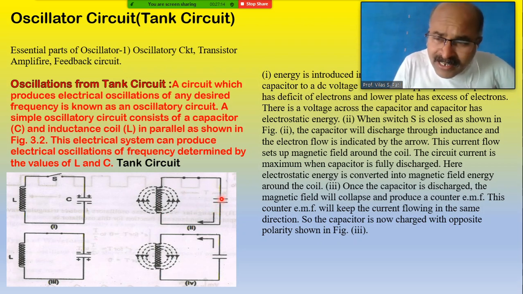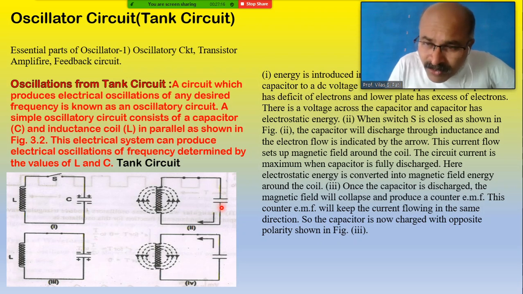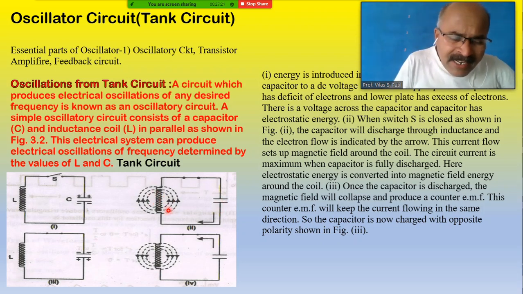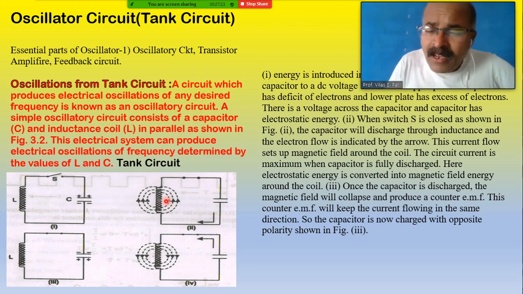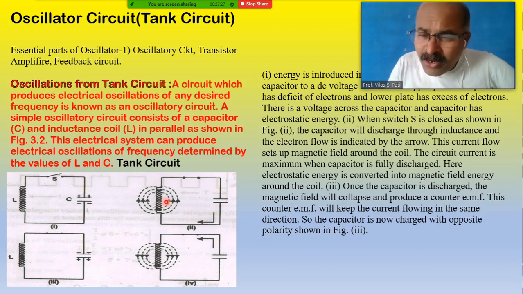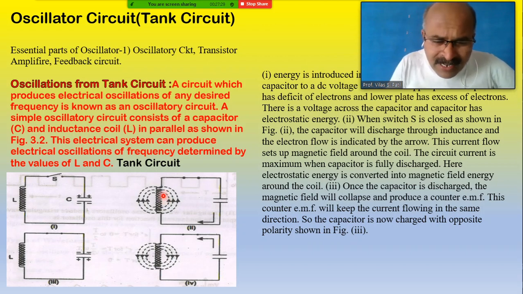When the electrostatic energy reduces to zero, means the capacitor is wholly discharged, the strength of the magnetic flux around the inductance becomes maximum and collapses. And once it collapses, that magnetic energy again starts current flowing in that direction and charges the capacitor again.